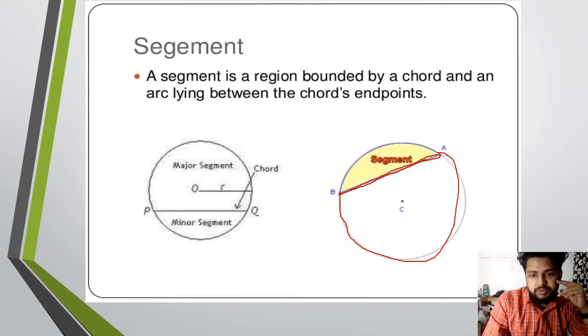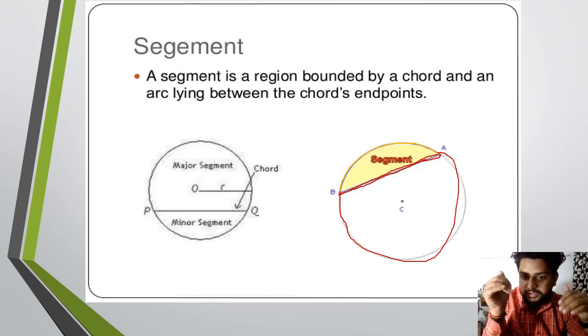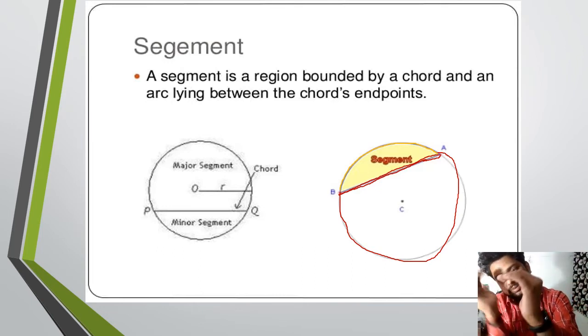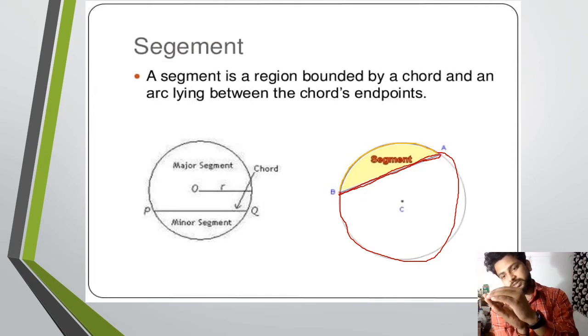When we draw something here like yellow, this one is the arc, joining the two points of the circumference by a curved line. This one is a curved line, this one is a straight line. A straight line is known as the chord and the curved line is known as the arc.